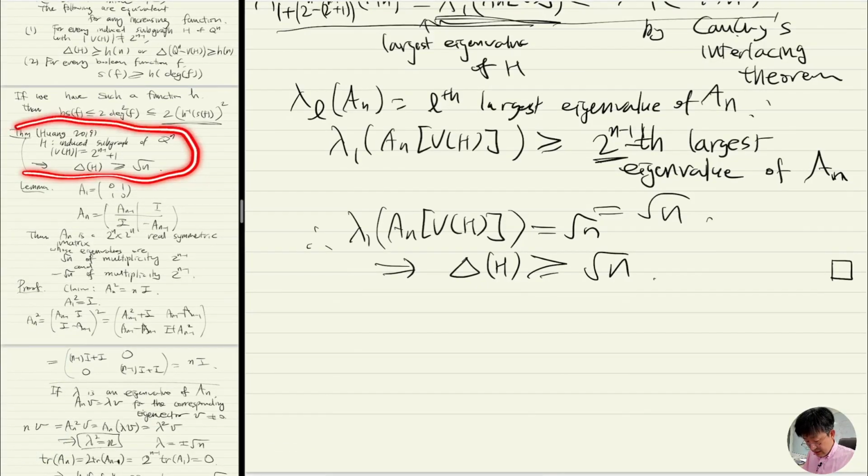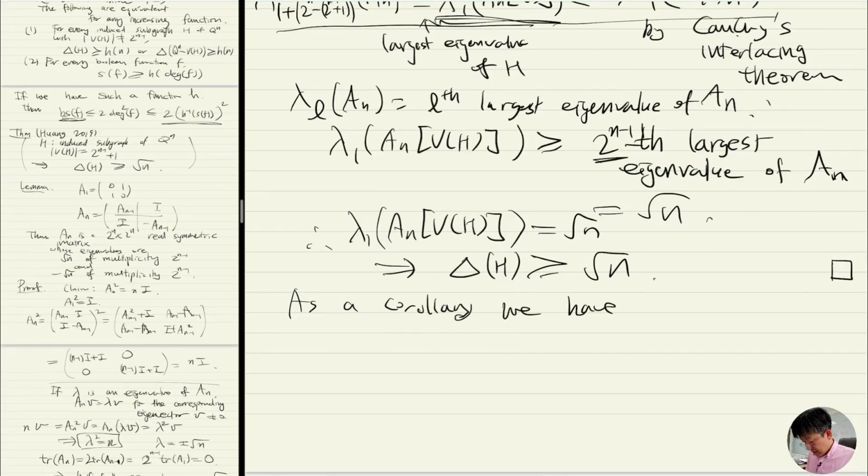That proves this theorem, Huang's theorem, and as a corollary, we have bs of f is at most twice, so H inverse, that's a square, so s of f squared and a square and square, so it's 4.